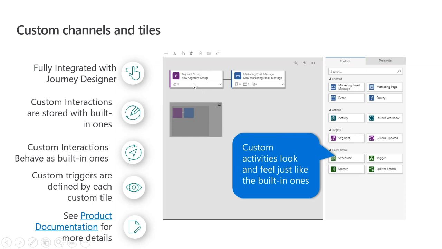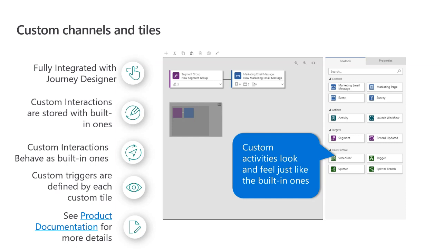It will typically start with segmentation. Let's say that you have 10 contacts in the segment, and these 10 contacts will flow into the next tile. And let's say that in the next tile you have a custom tile. Once a contact flows into this custom tile, a custom channel activity record is created. As you know, you have developed this plugin or workflow, and those will be triggered. Within the code, you do whatever you'd like to do, and once it finishes its job, it should create the interaction within marketing services by calling an action for further processing.